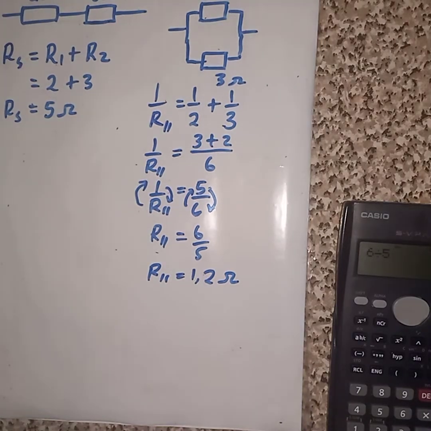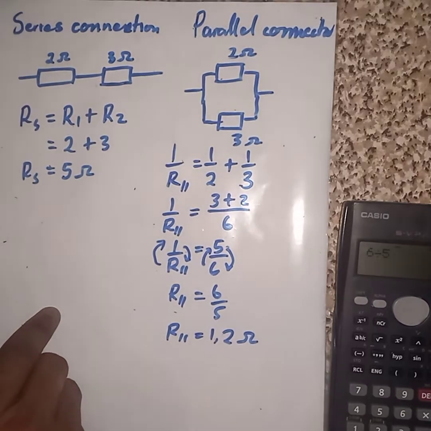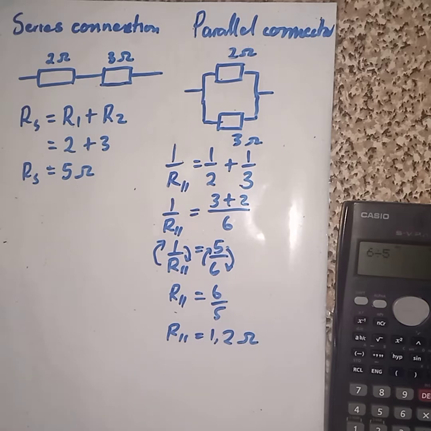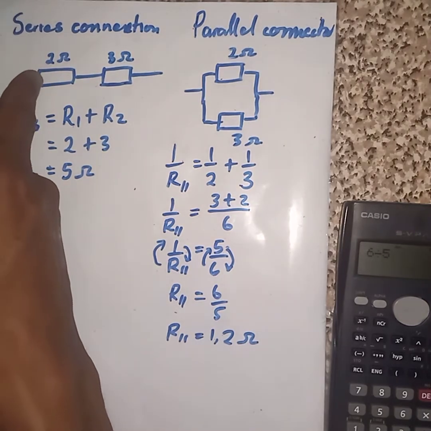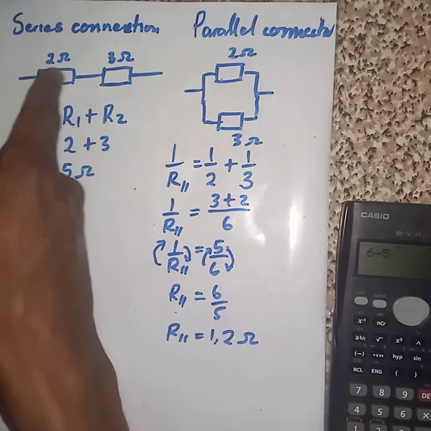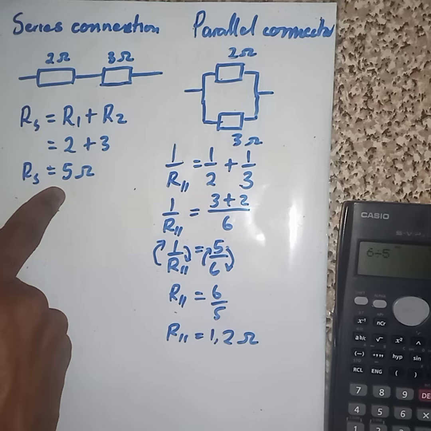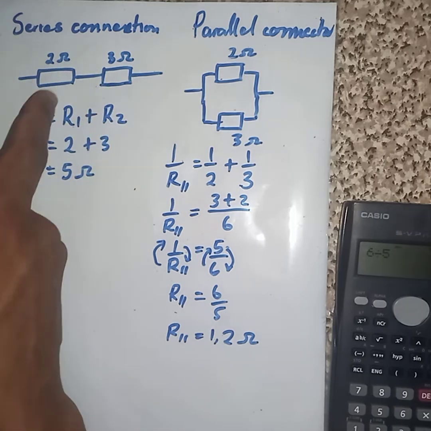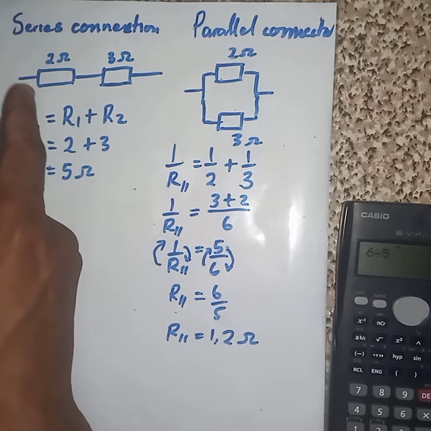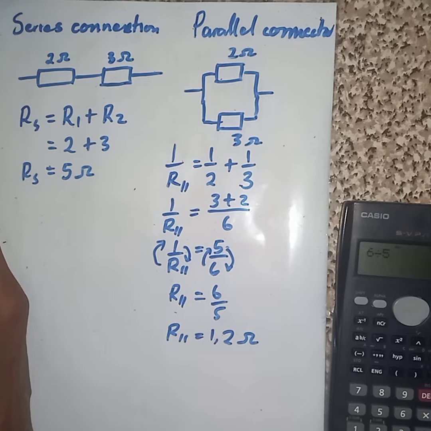I hope you notice something between the two connections. As for the series connection, we had 2, we had 3, but our final answer is greater than both of them. You realize that as for the series connection, each resistor increases it more.